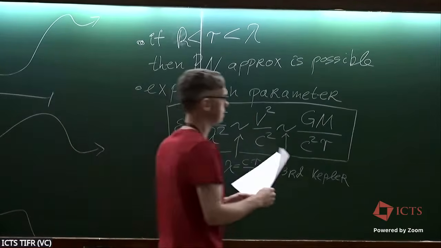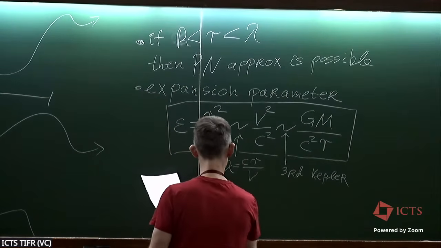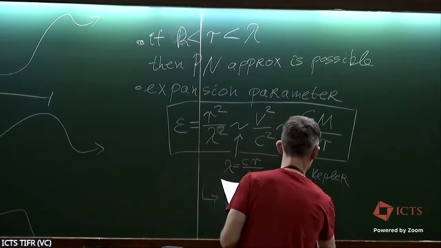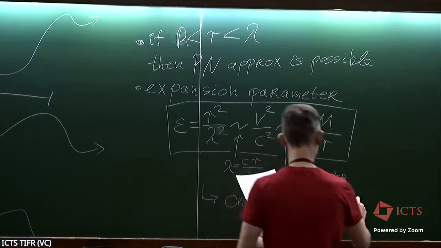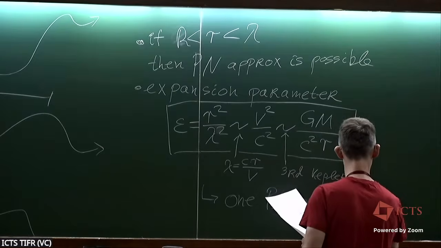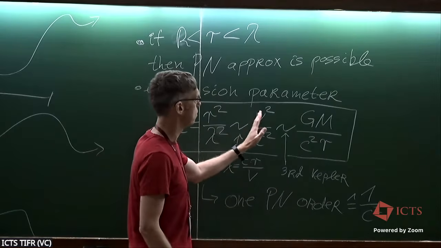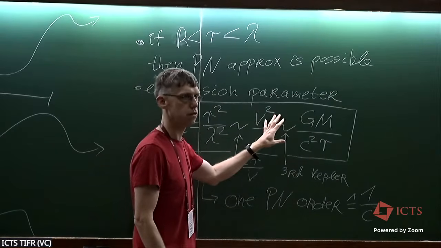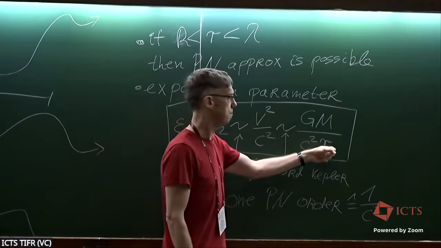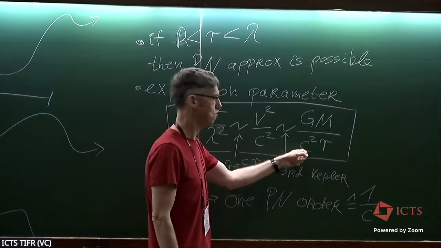Okay, and one thing to remember is that one PN order here corresponds to 1/c², at least when you're looking at the binary, at the orbital scale, right? Because at the orbital scale, what matters is the velocity and the orbital separation. And you see it always comes together with a factor of 1/c².